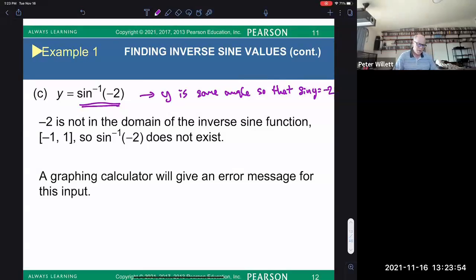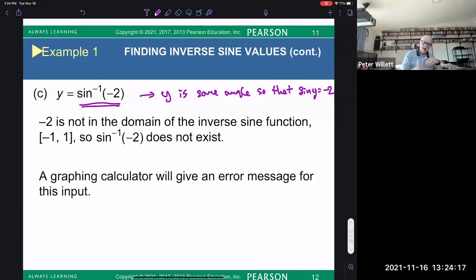Well, when we try to think of an angle that would cause the sine function to be -2, we would hopefully quickly recognize that the sine function is never -2. That's outside the range of possibilities of the sine function. Sine only gives you numbers between -1 and 1.